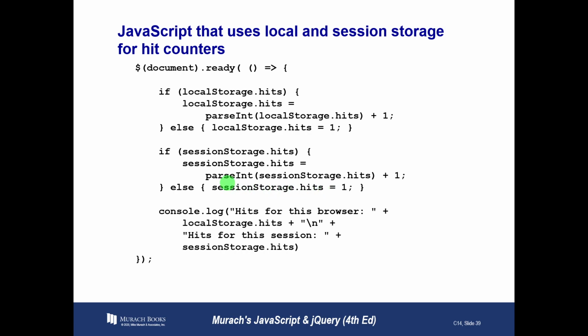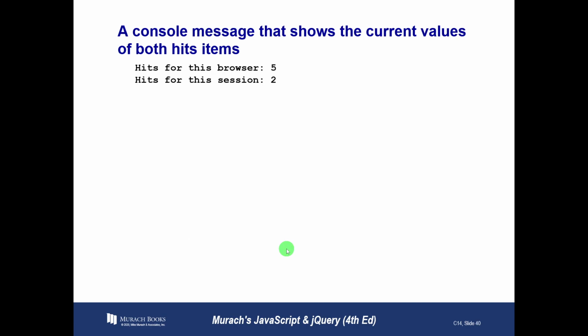And then we'll log out to the console: hits for this browser. How many times has this browser hit our page? That's why I say it's not really a hit counter for how many people have ever hit this page. It's more of how many times has this browser been to this page. So it's going to keep track of local storage hits and session storage hits. Remember, those two can be different.